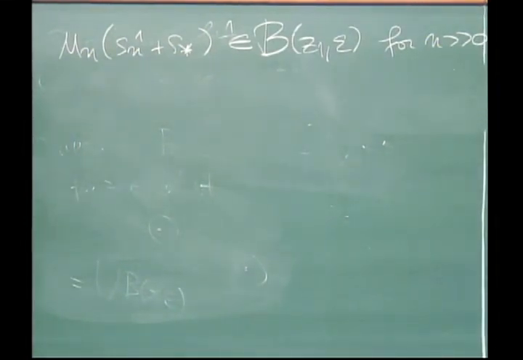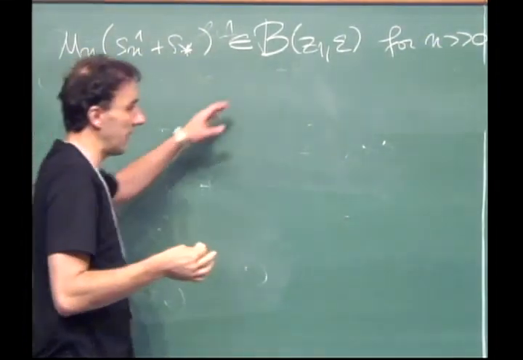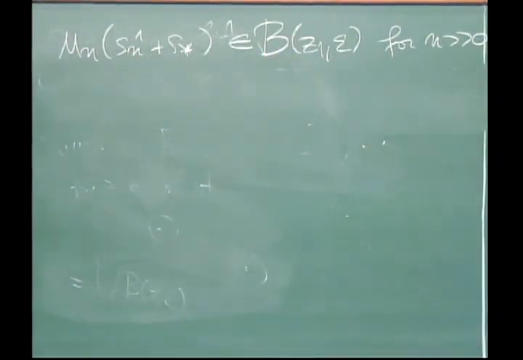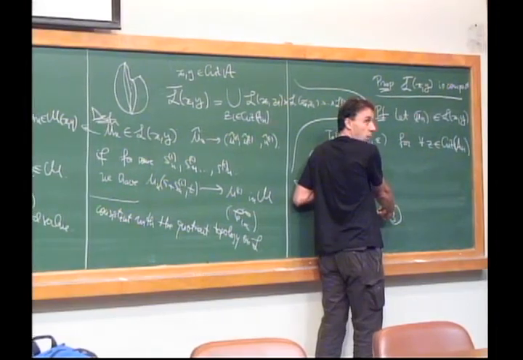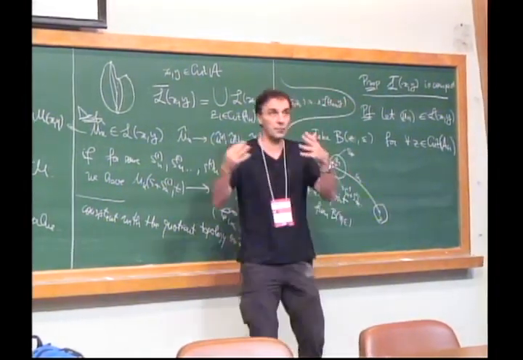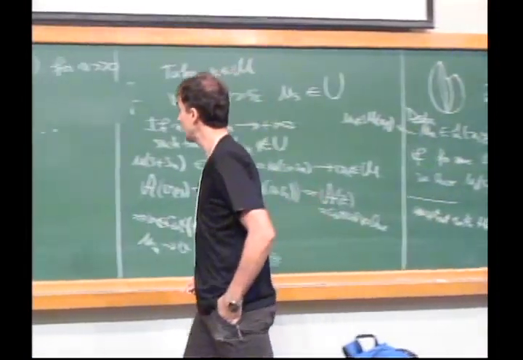So then consider, on the other hand, this trajectory has to exit the ball because it has to travel until Y. So at some point it should leave the ball.